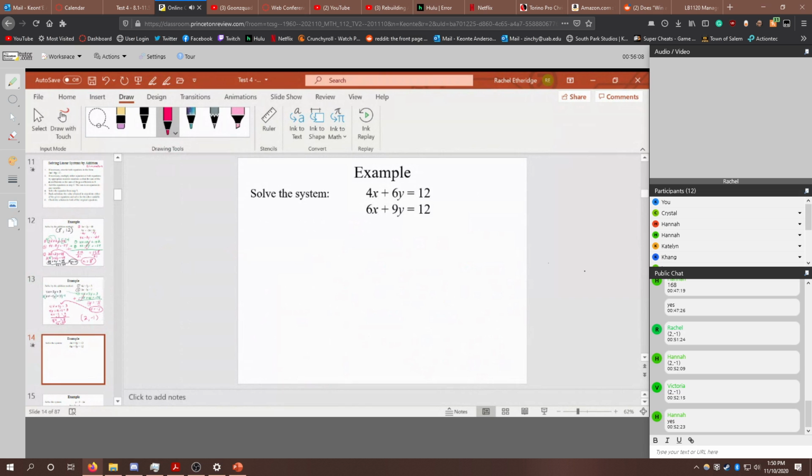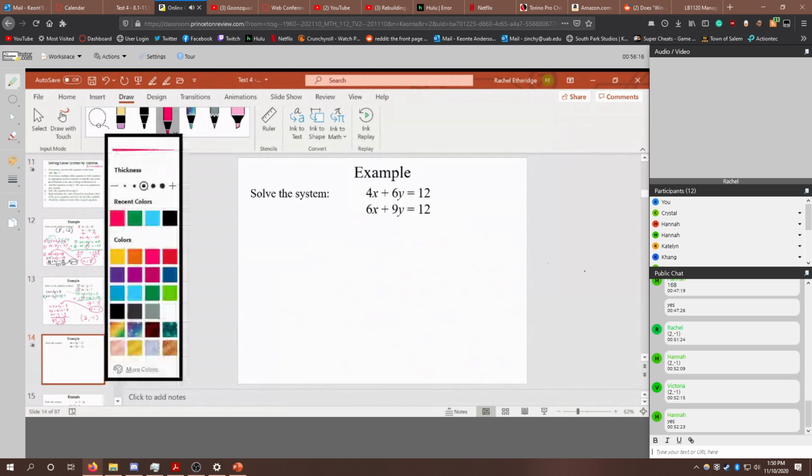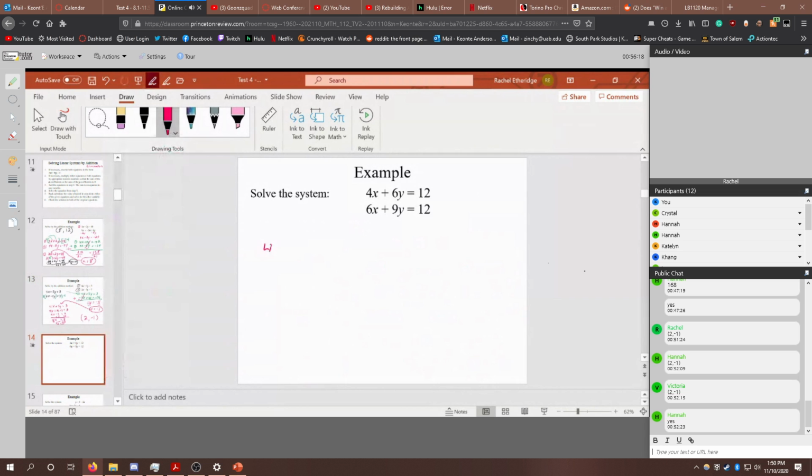So I'm going to tell you that you can divide, but I'm going to work it out where you multiply, because I don't know if everybody would understand if I did the division. But you can divide both sides by stuff.